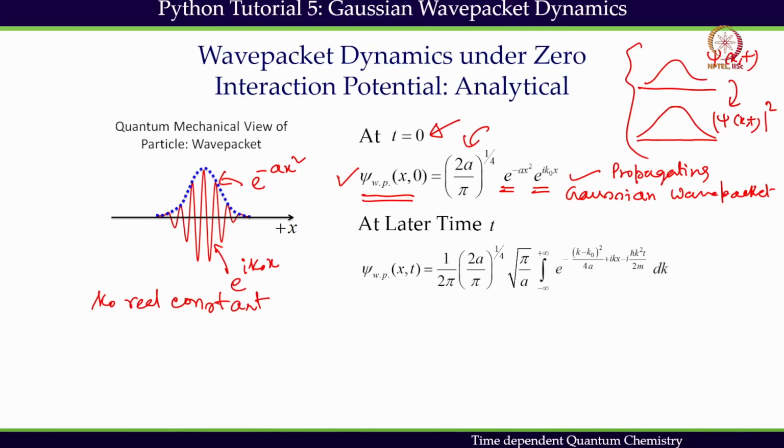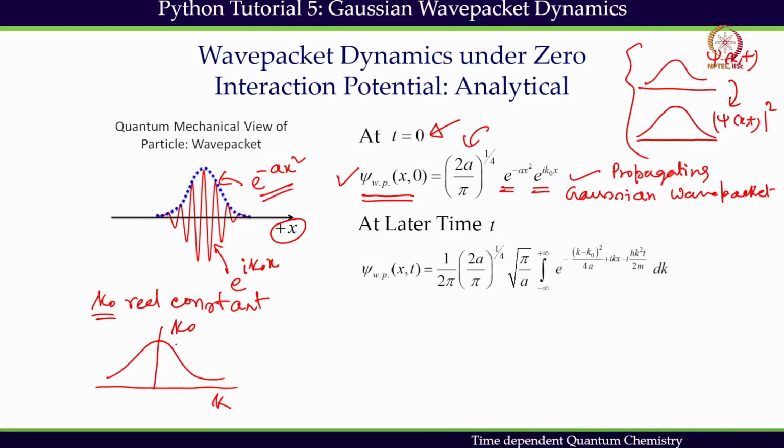The meaning of this angular wave number is now clear to us. In two different contexts we have presented it: in Fourier transform, and also in the context of translational motion. We have also understood that this is the x domain representation of the wave packet. If we do the Fourier transform, because it is a Gaussian shape in the x domain, in the k domain, the Fourier domain, we also get a Gaussian, and the center of the Gaussian is represented by k naught.